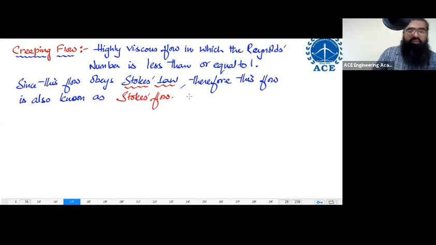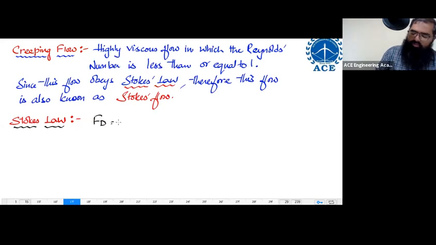Now, what is Stokes law? We are going to discuss it again later in the chapter on drag and lift. Stokes law basically says that the value of drag force is equal to 3 pi mu d into u infinity. Civil people might be aware of this from environmental engineering also.